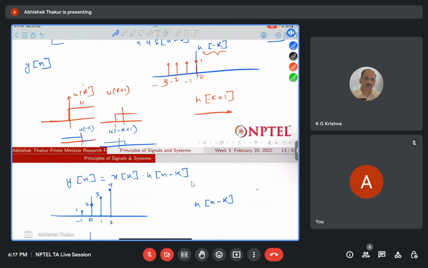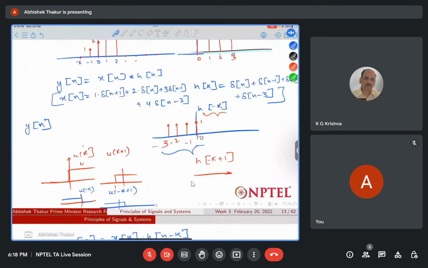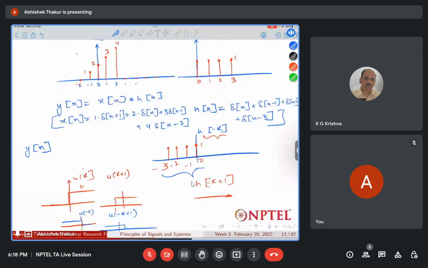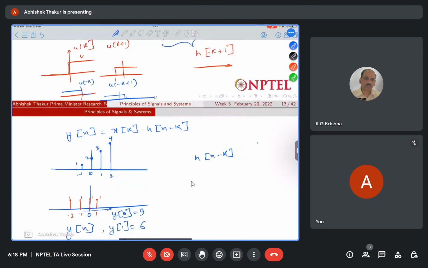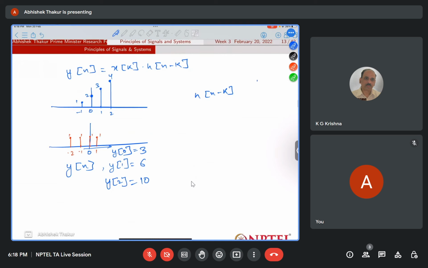Actually, for y0, this way I have to take. I have taken the above one. So it will be only the minus 1 and 0 terms. It will be 3. That's what I was thinking, how y0 is so large. Y0 is 3, y1 is 6, and y2 is 10. Because when you are shifting 2 units, then you will get 0, 1, 2, 3, 4. So 4 plus 3 plus 2 plus 1.